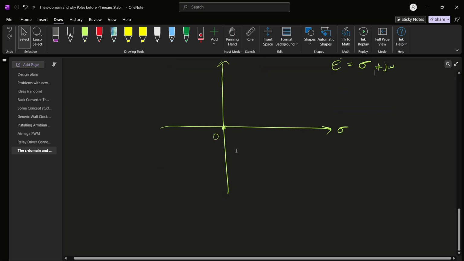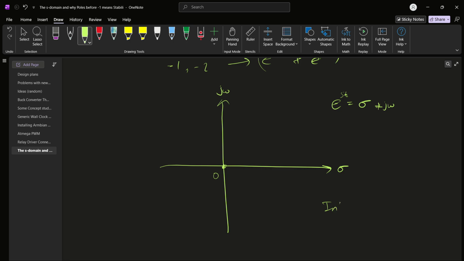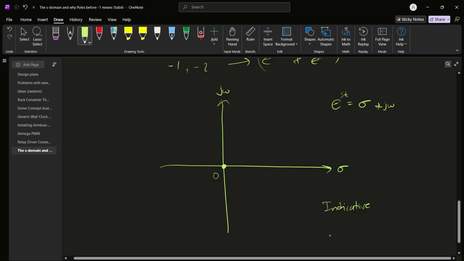Now, as per my understanding so far, I'd call an S-plane an indicative plane, mainly because it's not a direct plot of some system's output, but rather an indication of the oscillatory behavior of your system output.